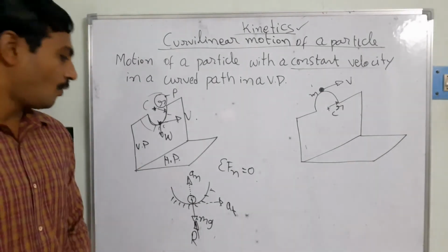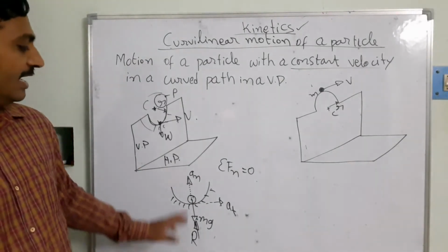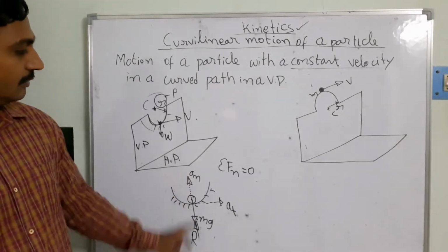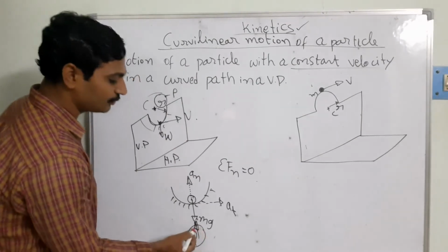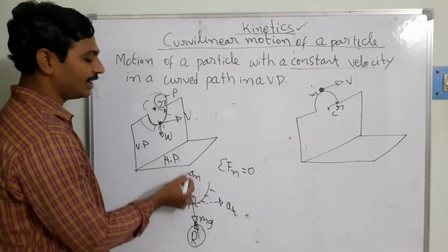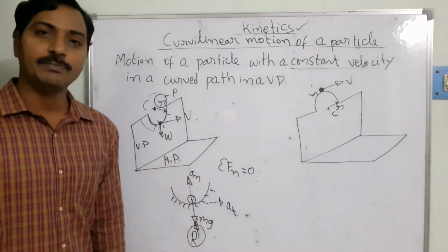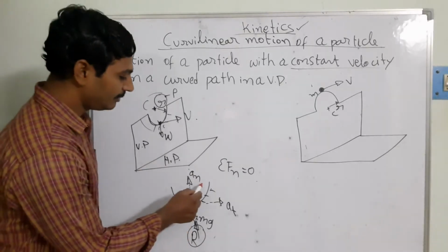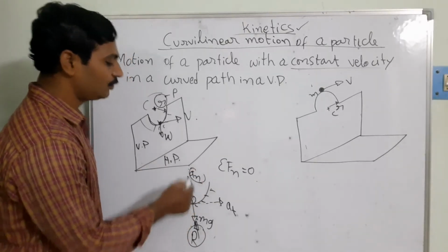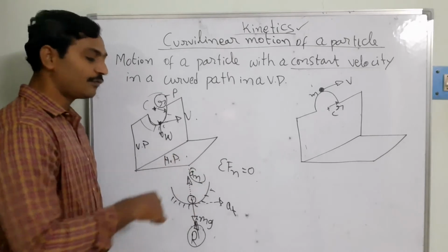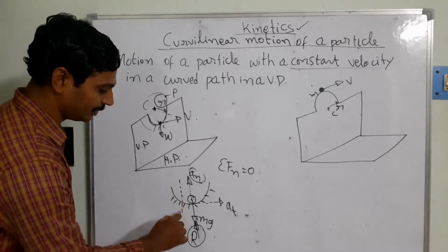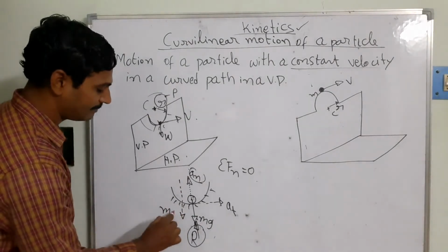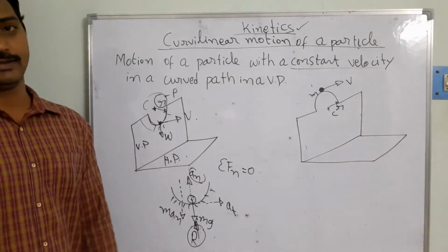Now can you tell me what forces are acting in the normal direction? There we can see R is acting towards this side and AN is acting towards this side. The normal acceleration is acting towards this side, but the inertia force is acting opposite to that direction. That means your inertia force acts in this whole direction, and we get AN.